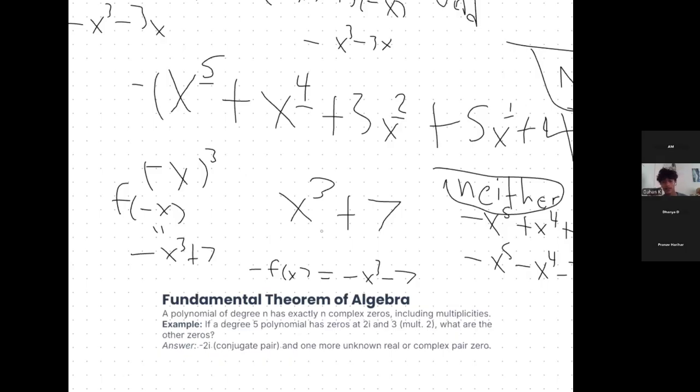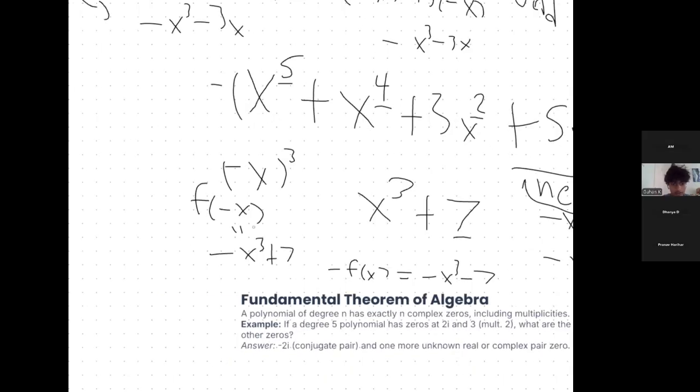But the second thing is, if it has something that's not x, for example just 7 here, or if it was 4 or 3, it doesn't really matter, it's not going to be an odd function. The reason is that the 7 will always become negative 7 when you do negative f of x. Here, negative f of x became negative 7. But when you just do f of negative x, that's not going to change. It's just going to stay positive 7. So there's no way the two functions could equal each other.